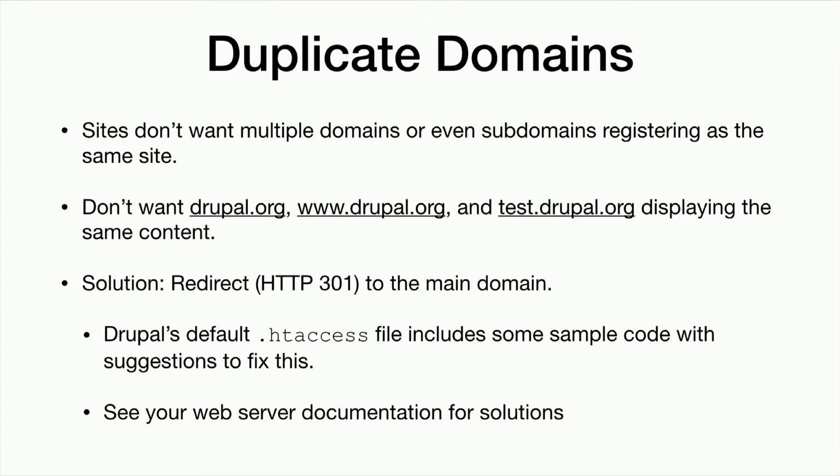And it can get a little confused, saying this one is the more important version for this page, but another one is the more important version for another page. So what we recommend is that you use HTTP 301 redirects to make sure that they're all going to the same domain. The htaccess file for Drupal, if you're using Apache, has some recommendations on how to do this. Often your hosting company, or just searching the internet, will give you other information on how to do that as well.